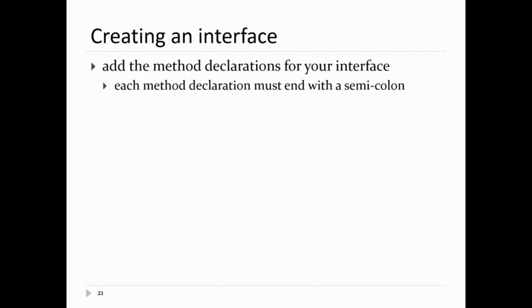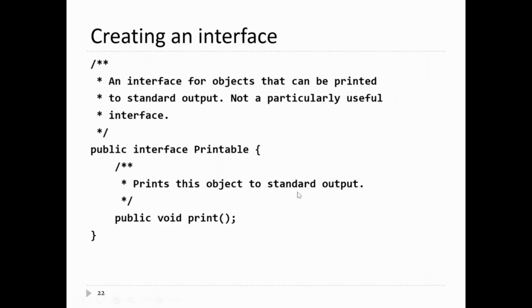Each method ends in a semicolon. So here's my method print. It returns nothing. Print simply prints the object to standard output. And that's it. There's our Printable interface. Any class that implements Printable, someone can just call print and the object gets printed to the console.